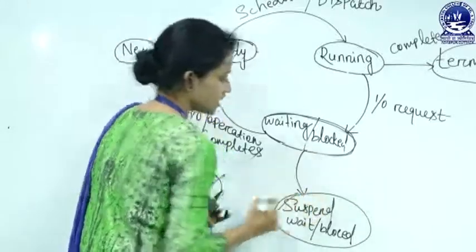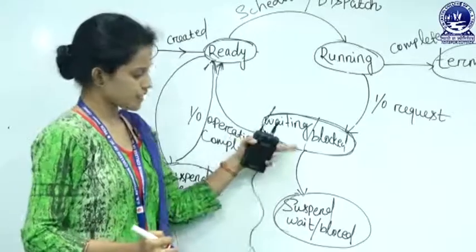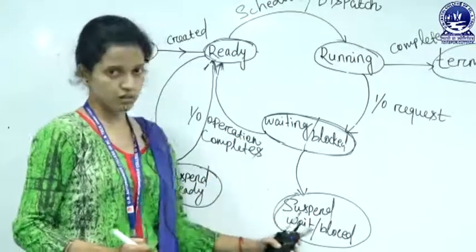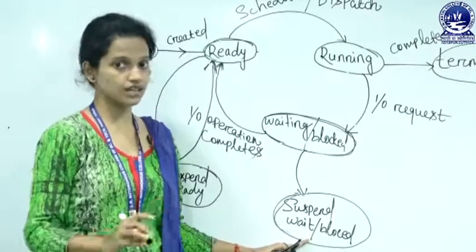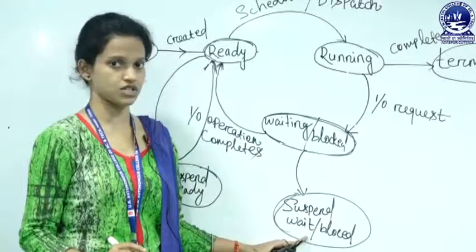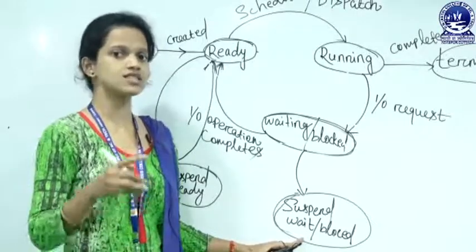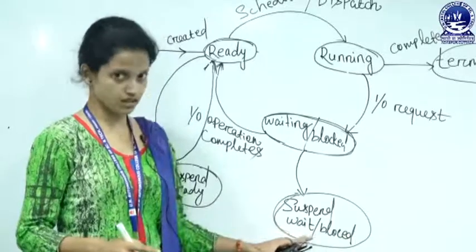It is not like that when the process goes to the suspend wait or blocked state, it stops doing its IO operations. It does not mean that. It is still doing its IO operation in the suspend wait state.